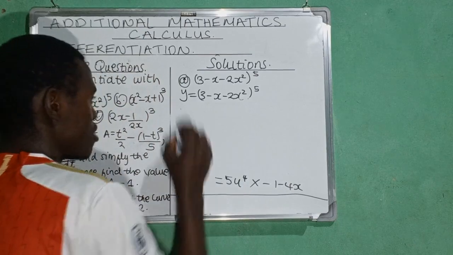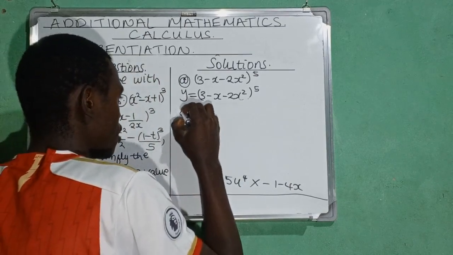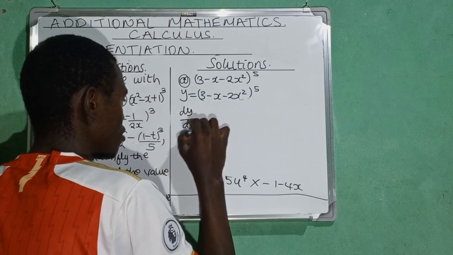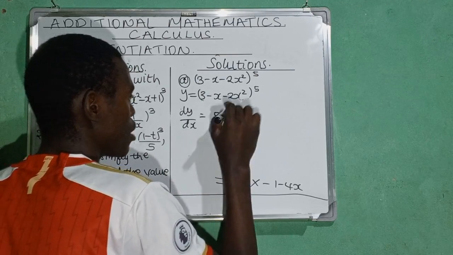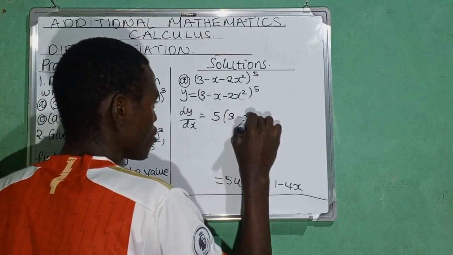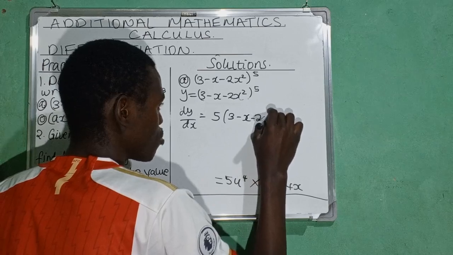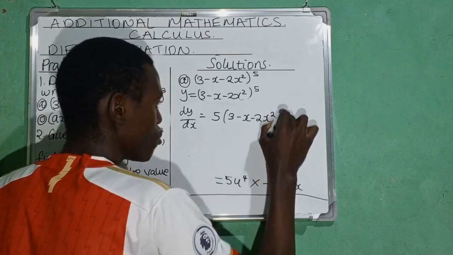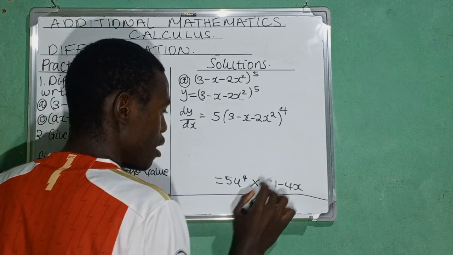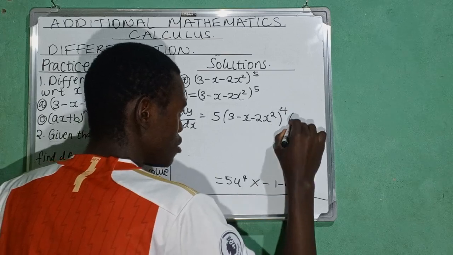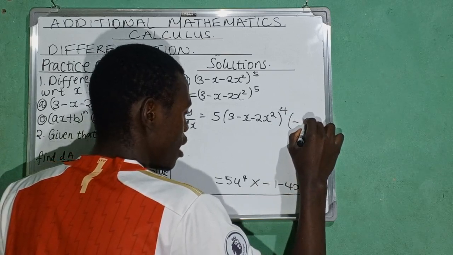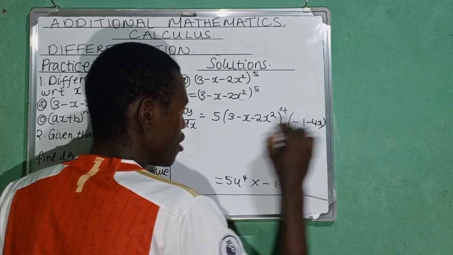So we are saying that our dy dx is equal to 5. U is whatever is inside the brackets, which is 3 minus x minus 2x squared, raised to the power 4. And then this multiplication symbol, we'll just leave it out and write our final answer like this.